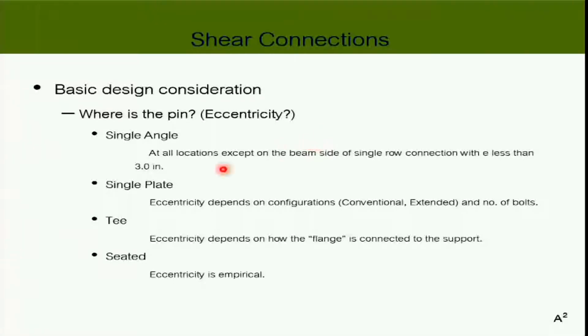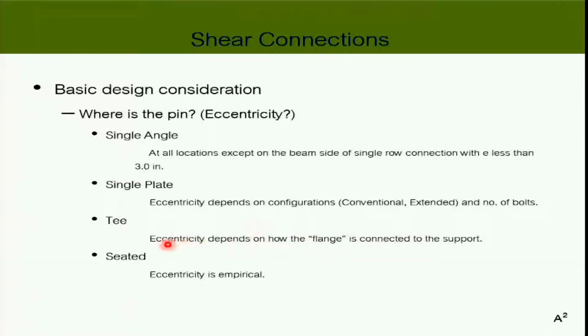Anyway, let's come back here. For a single plate we have to consider eccentricity on the configuration, which you will see later on. And then a T connection. T is pretty similar to the plate, but it's more complicated. I don't wish to talk about the T very much today because the connection itself is expensive and it's not very popular due to the price.